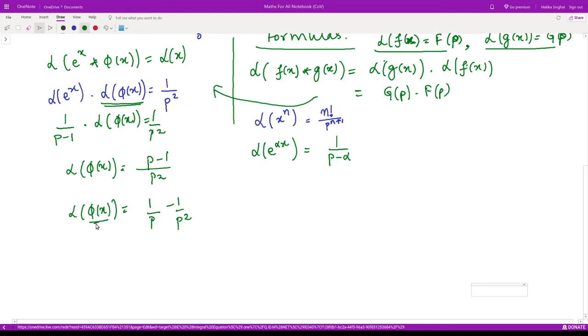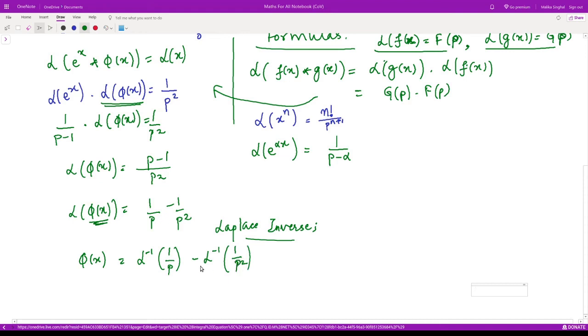To obtain this function phi of x, we just have to take the Laplace inverse. So that would be Laplace inverse of 1 upon p minus Laplace inverse of 1 upon p square. I could write this because the Laplace operator is a linear operator. So Laplace inverse of 1 upon p is equal to 1, and Laplace inverse of 1 upon p square, we just saw, was x.